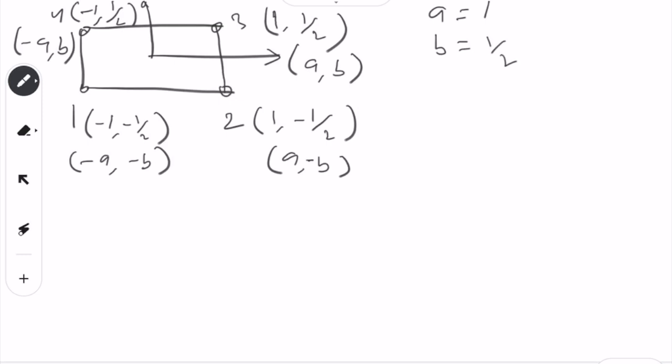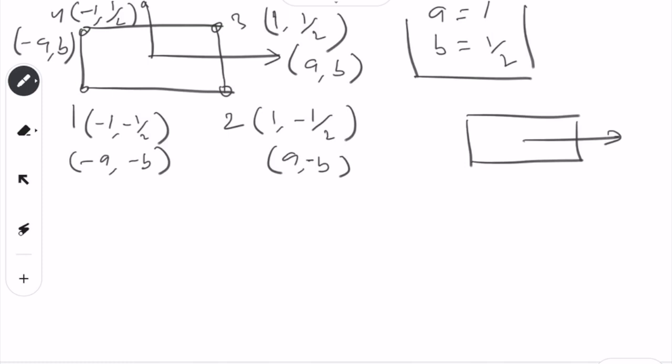Let's write it this way, because we have done it earlier. In the general case, we have 2A here and 2B here.